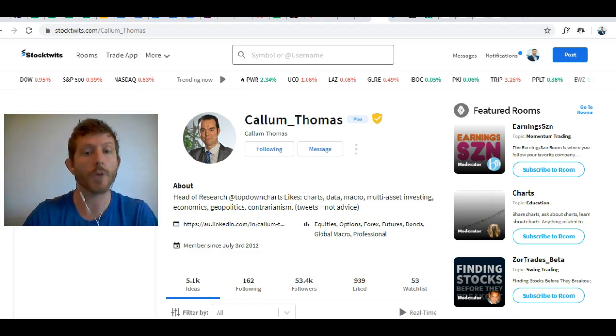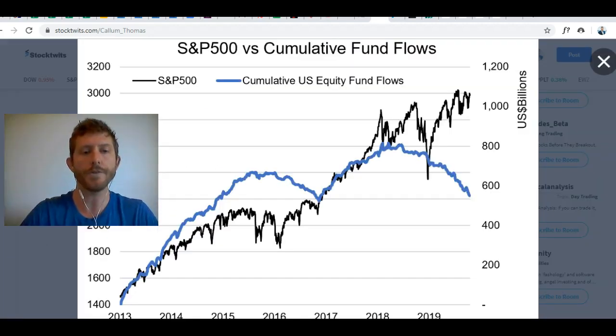But I am just giving him credit because the next three charts that I'm going to be showing you came from him. So this is the S&P 500 price versus the cumulative fund flows. And what this means is how much cash is being put to work by funds.